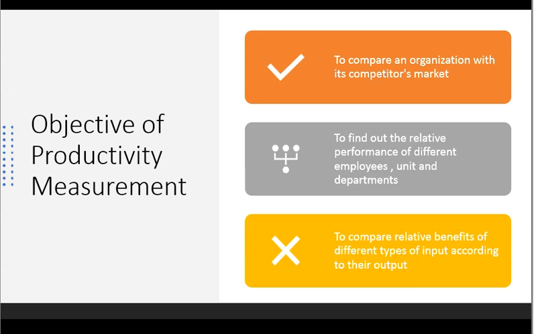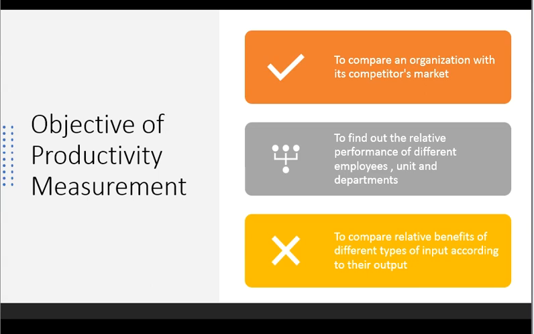You can also measure productivity per unit to find out the relative performance of different units, like which unit is better, the quality unit or the machining unit. In your organization you can compare different units on the basis of productivity. You can compare departments also, like the CNC department, the injection molding department, and the tool engineering department.